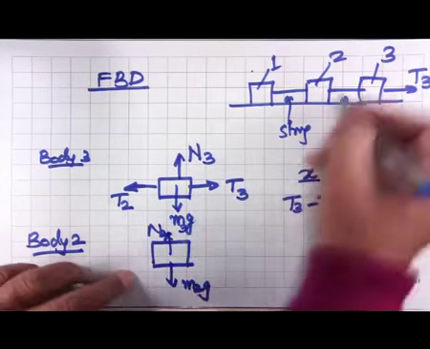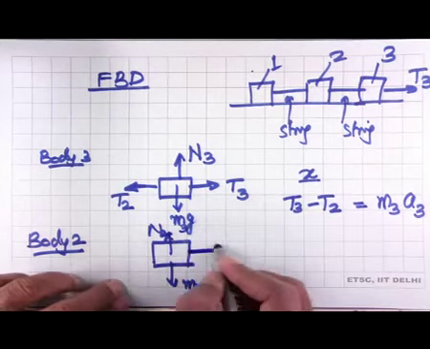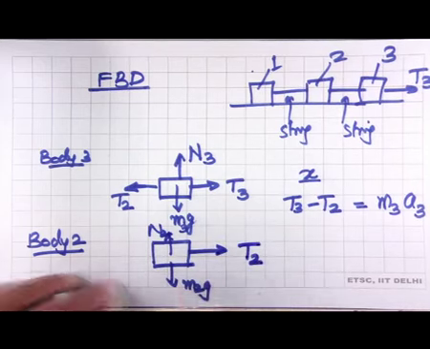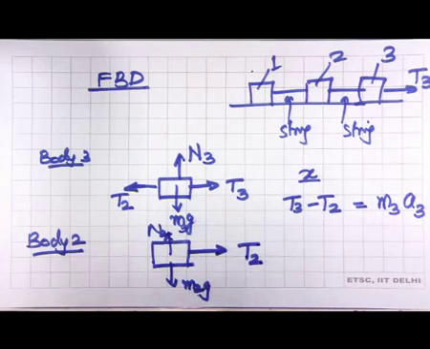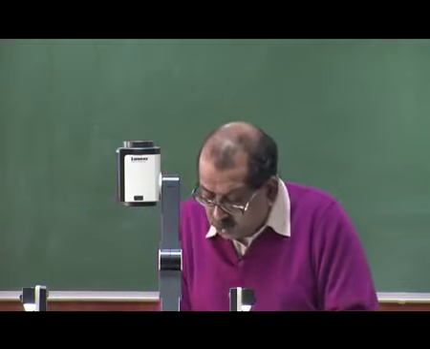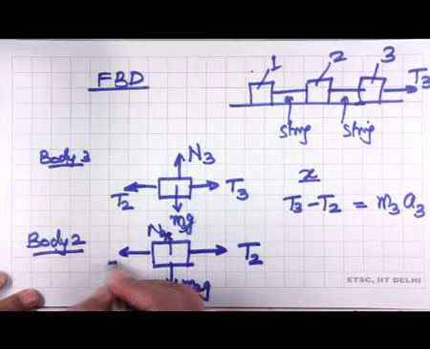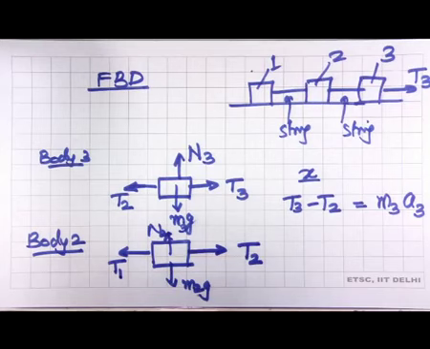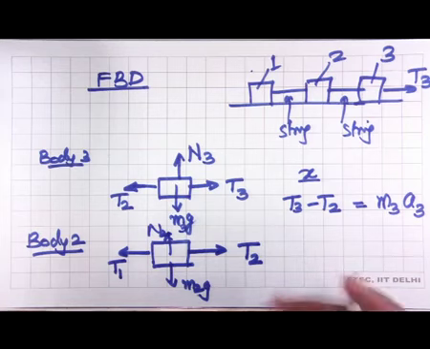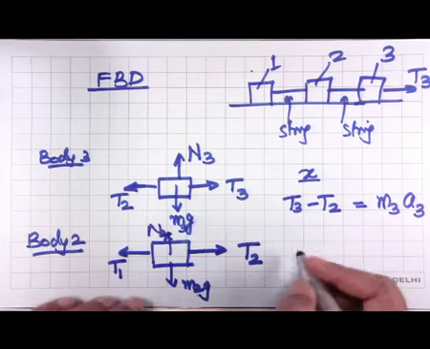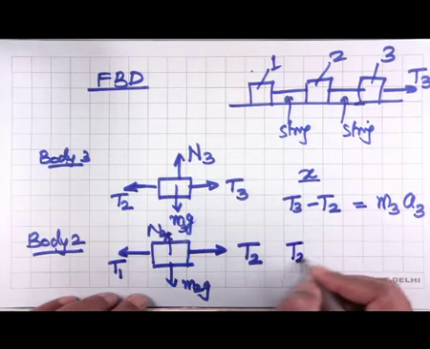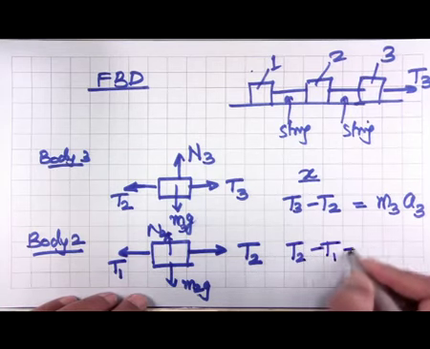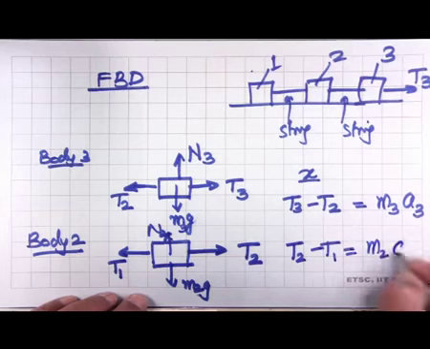Now, on body 2 the string pulls the body to the right, we call it T2, and there is a force which the first string is applying, we call this T1. When we apply Newton's law in the x direction, what we get is T2 minus T1 is equal to m2 a2.